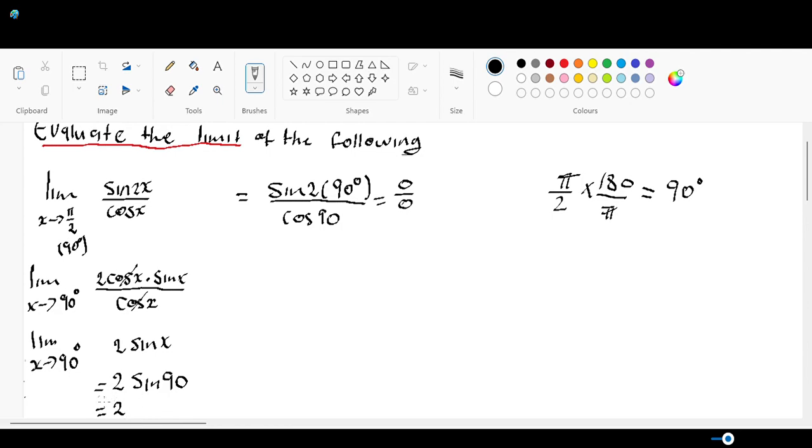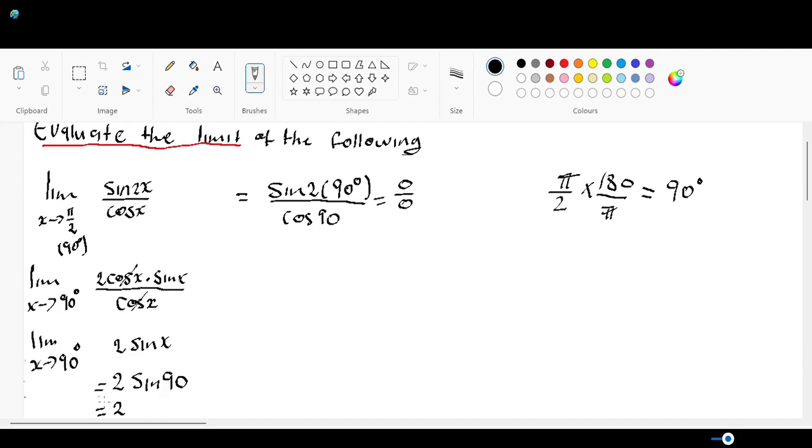So this one is straightforward, guys. As much as it needs you to know the identities, it's really straightforward. If you don't know the identities, that's where it's going to be kind of challenging. And also if you don't know how to change from radians to degrees. But if you want to do the substitution without using degrees, you can just change your calculator to radian mode.